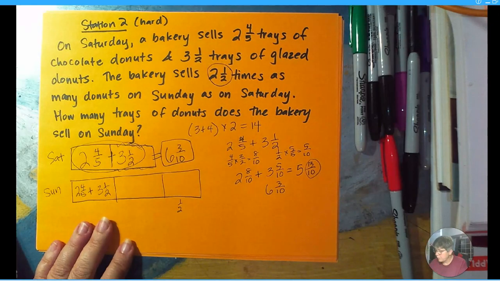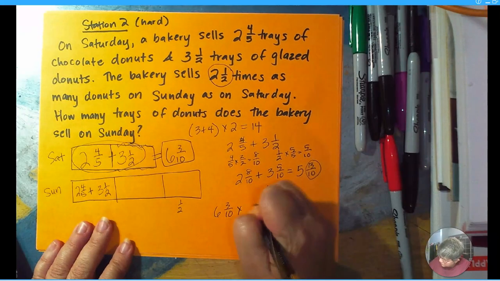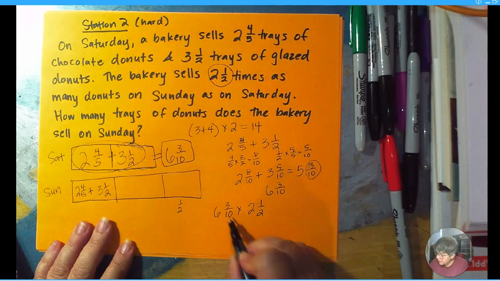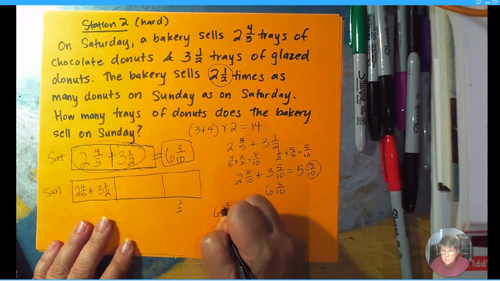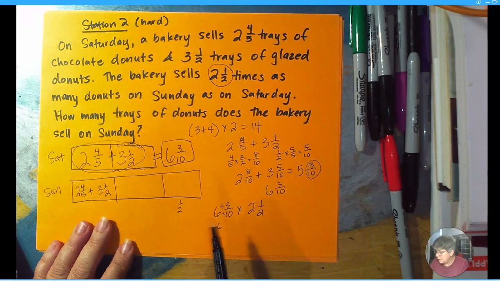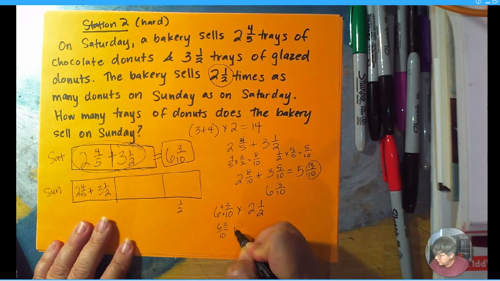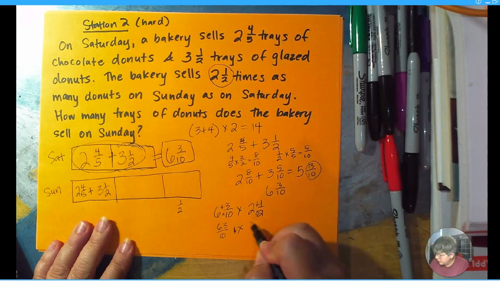So 6 3/10 times 2 1/2, right? And when I multiply, I want to make them into an improper fraction. So 10 times 6, that would be 60 plus 3. I do times plus, okay? 63 tenths, times 2 times 2 is 4, plus 1, 5 halves.